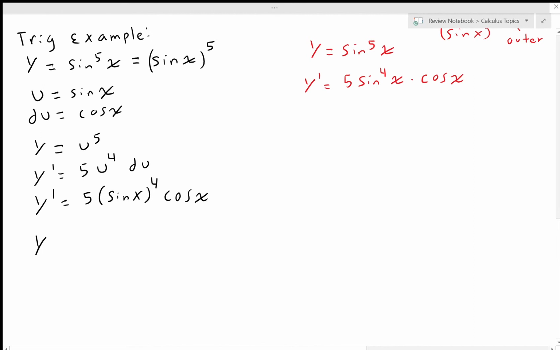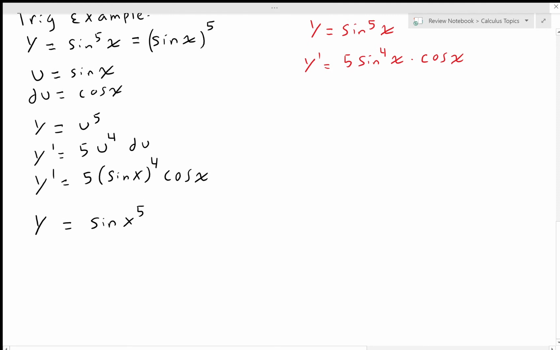Instead of the sine being to the power of 5, we're going to say y equals sine of x to the 5th. So I'm going to call u equals x to the 5th. So du would be 5x to the 4th.